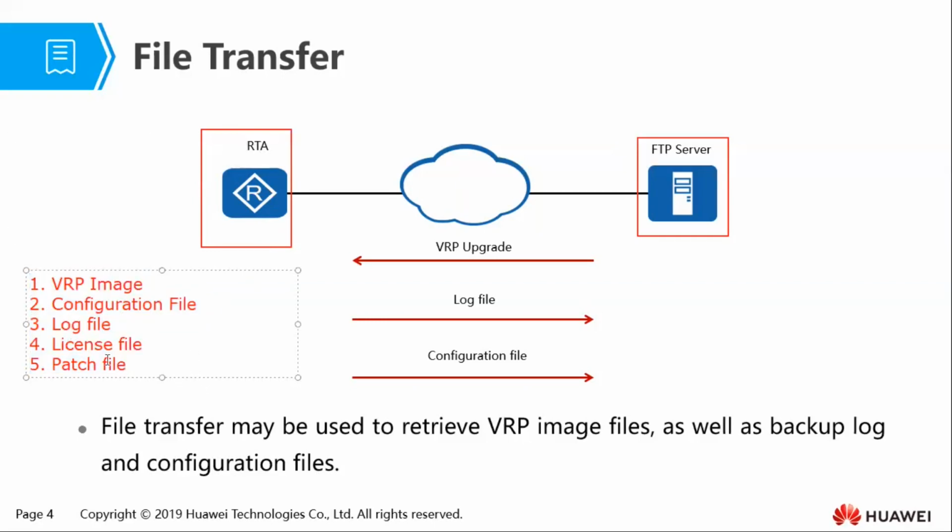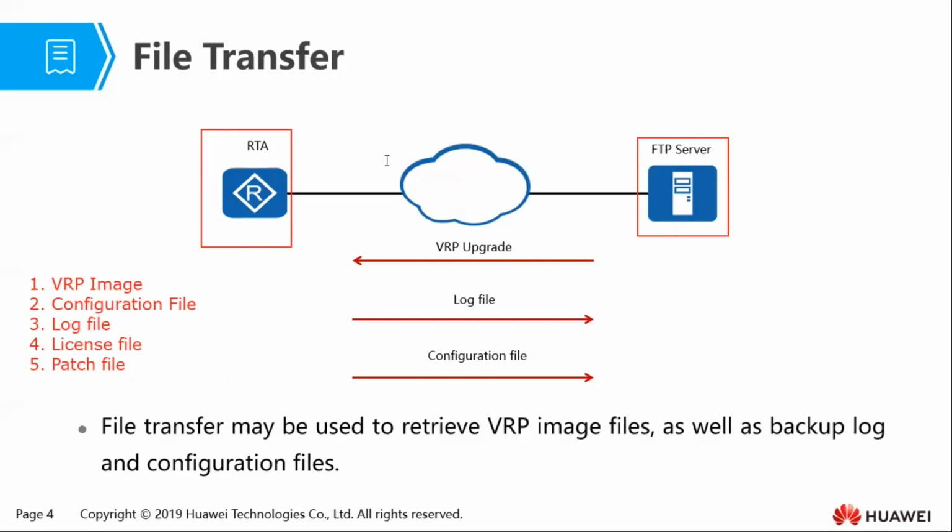Or your router can be hacked and someone deletes a particular file. Or someone who has access can accidentally delete a configuration file or a log file. When those things happen, they affect your network operation. To recover from that downtime as quickly as possible, it is recommended that you back up your files in what we call an FTP server, a file transfer protocol server.